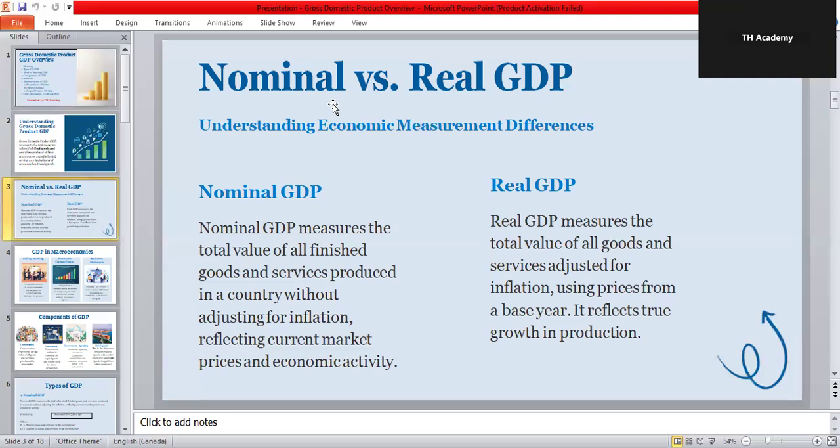Real GDP, on the other hand, removes the effect of inflation. It uses prices from a specific base year. This gives us a more accurate idea of how much production has actually increased, not just prices. So, in short, nominal GDP shows growth with price changes, whereas real GDP shows the true growth in production.